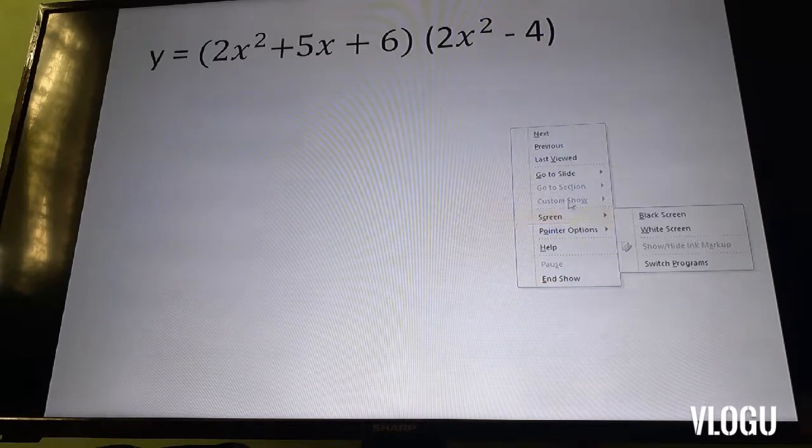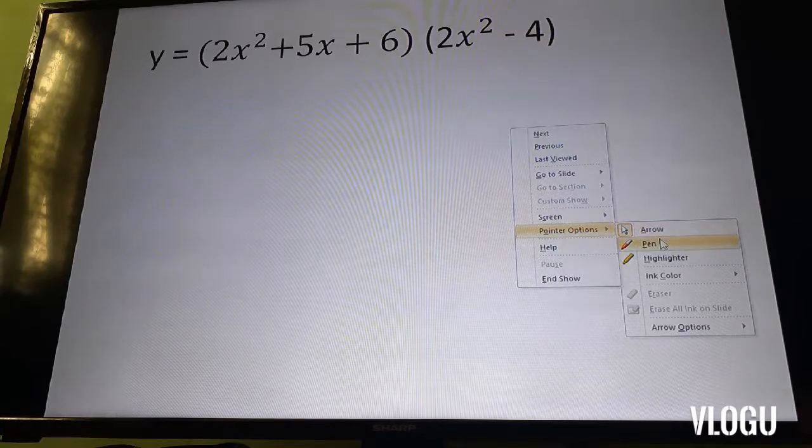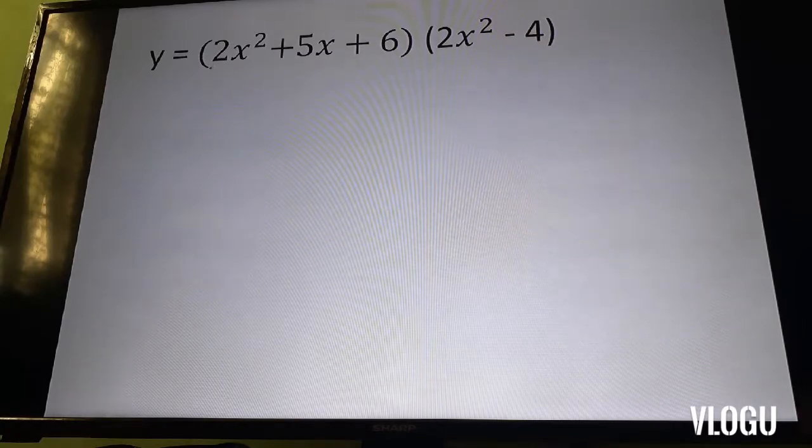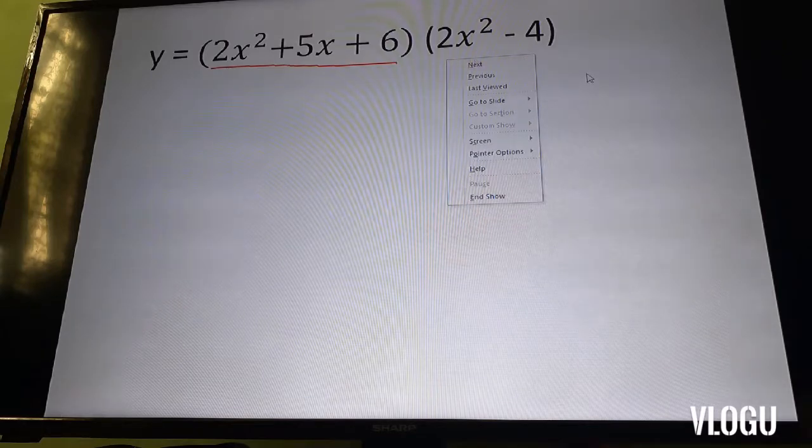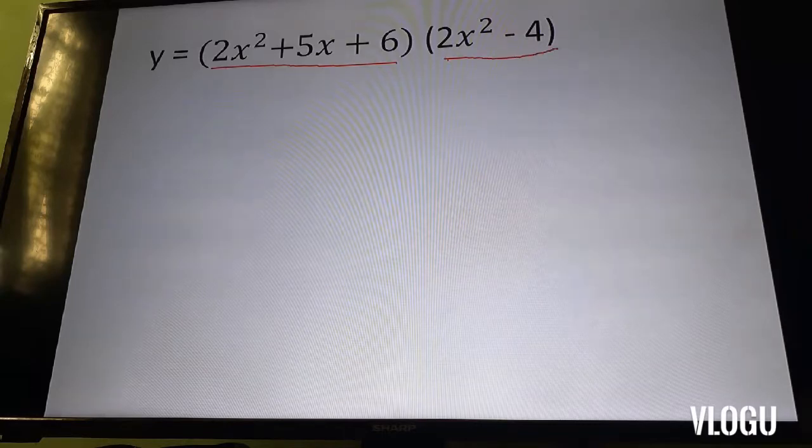Of course, this is our first function, which is also equivalent to f of x. This is our second function, which is equivalent to g of x. That is very important for us since we are going to find the derivative of every function, for the first and the second functions.